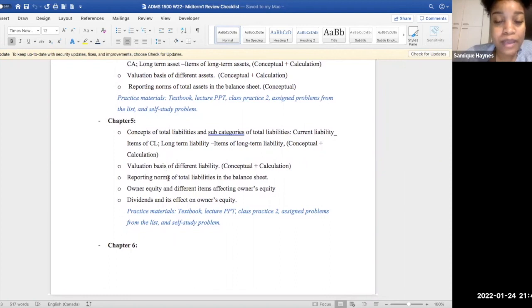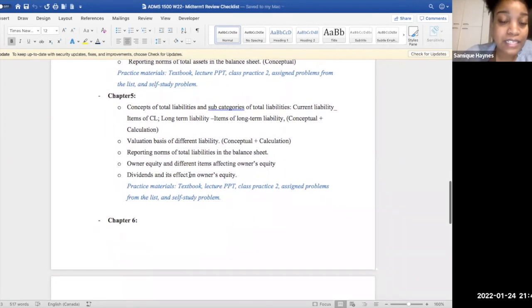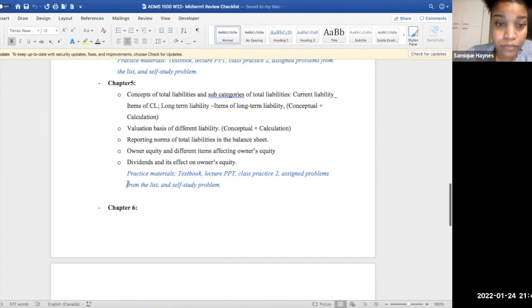So there will be a combination of conceptual and calculation questions for this section as well. Okay, dividends and its effect on owner's equity. What does dividends do to owner's equity? It decreases it. Very good. Good job, everybody.